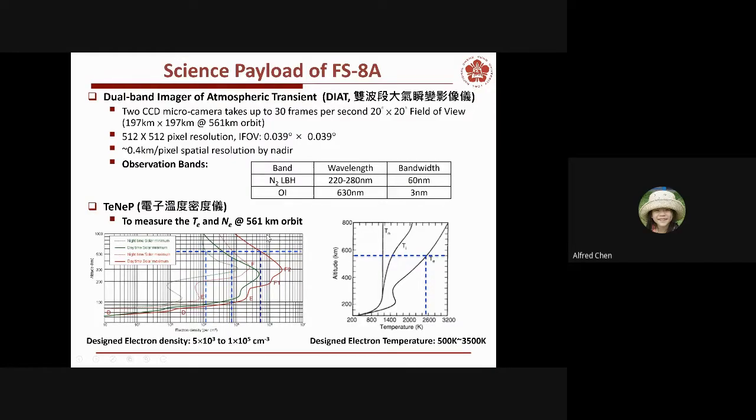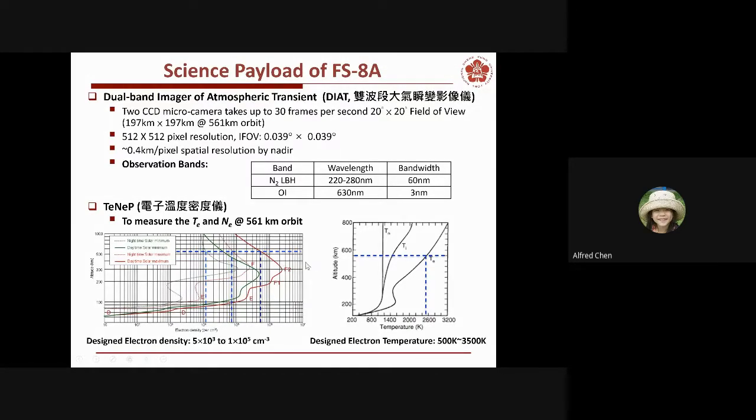And the TNEP is used to measure the electron temperature and the density. This is the electron density profile at daytime and nighttime, for both solar minima and solar maxima.